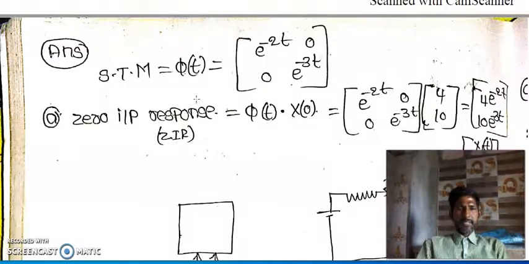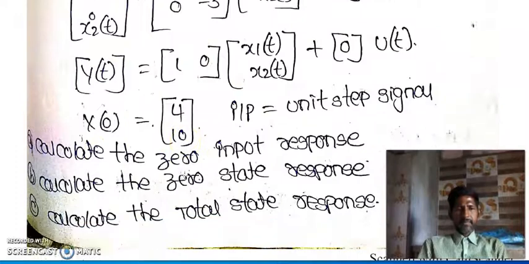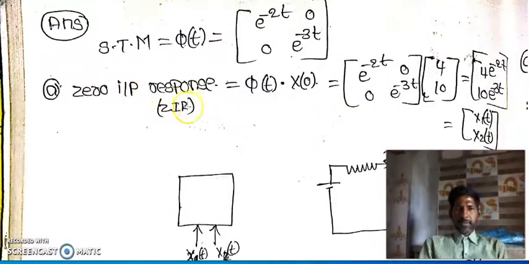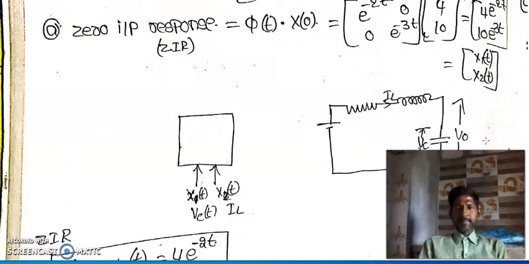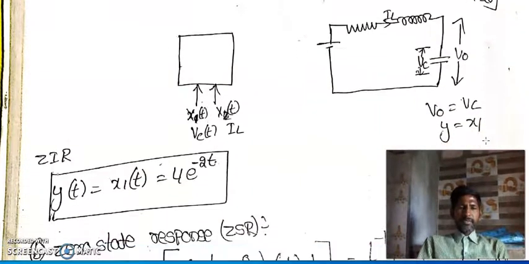X of 0 is given in the problem as the matrix [4, 10]. So multiply them. The zero input response is phi of t into x of 0. If you multiply these two, we get x1 of t, x2 of t. That is the zero input response.